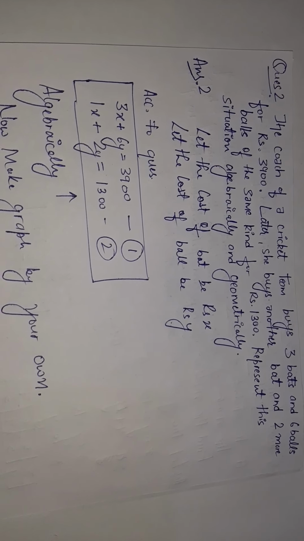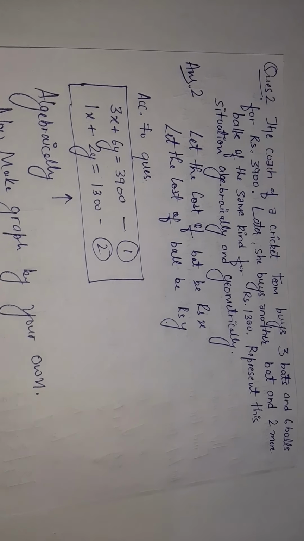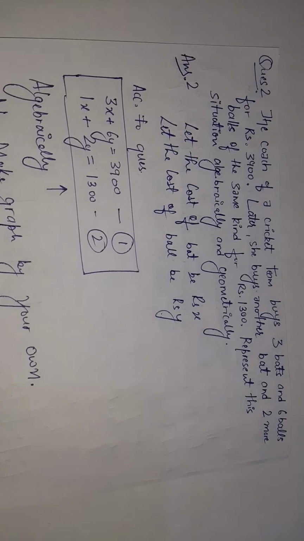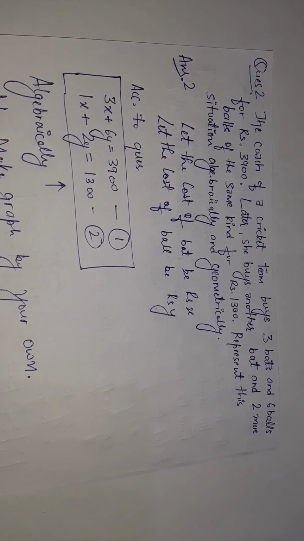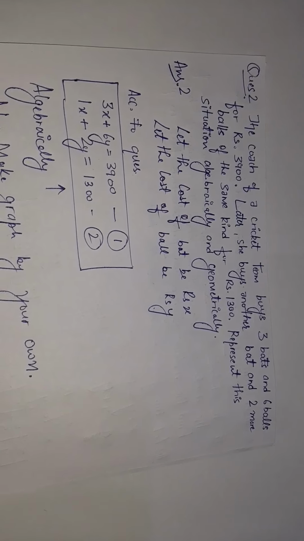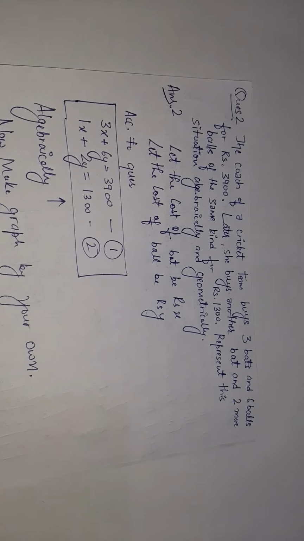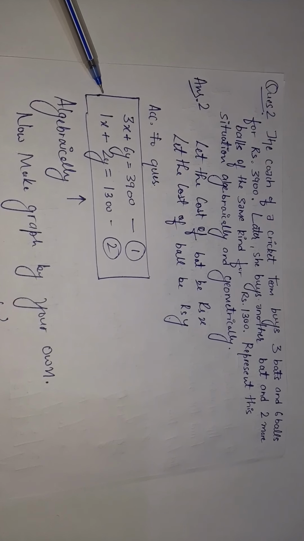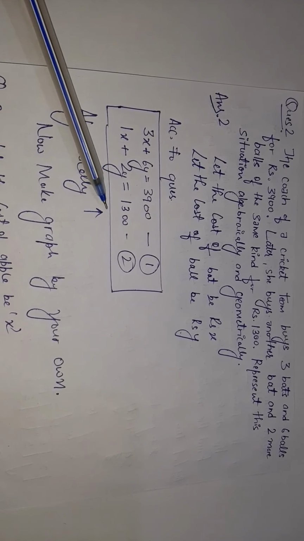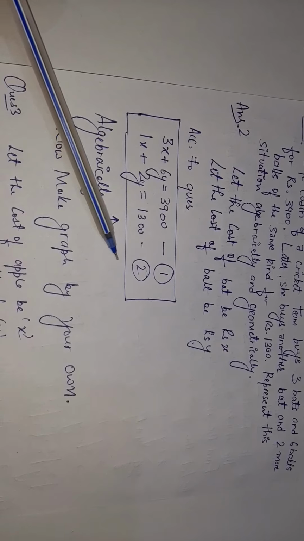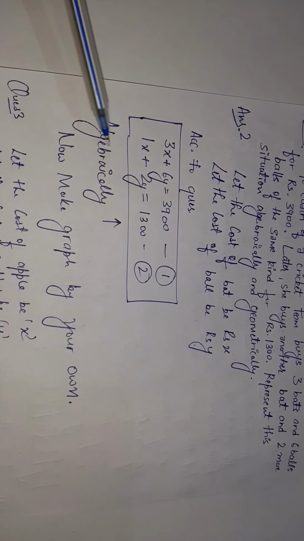Let the cost of the bat be x and the cost of the ball be y. The first equation, 3 bats, 3 into x, 6 balls, 6 into y: 3x plus 6y is equal to 3900. Again she buys 1 bat: x plus 2y is equal to 1300. Second equation. This is the algebraic form.